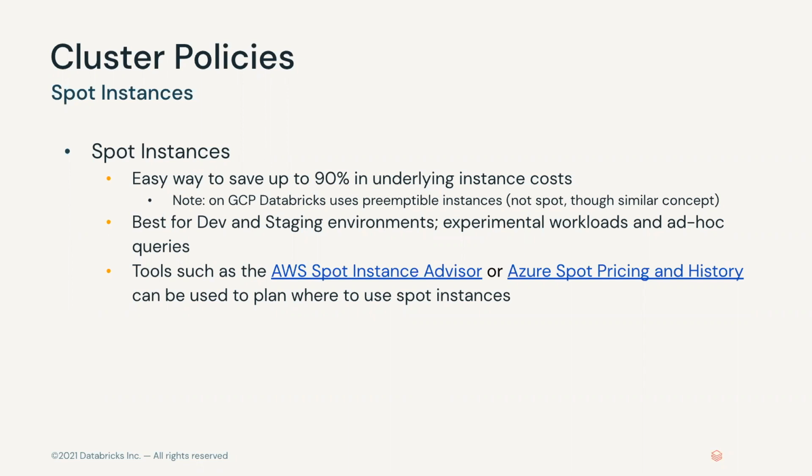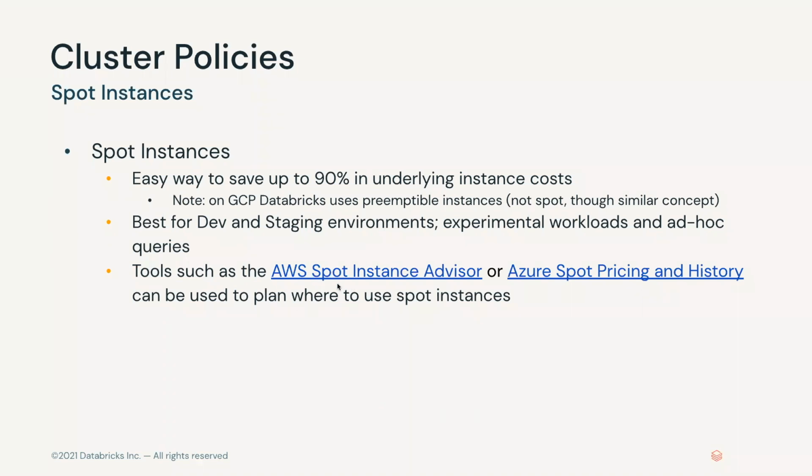And that's another great cluster policy to enforce if you know that someone doesn't necessarily have time-sensitive workloads, or they're using an all-purpose cluster, or for example, in dev or staging environments, then spot instances are great to utilize and really save in cost quite greatly.